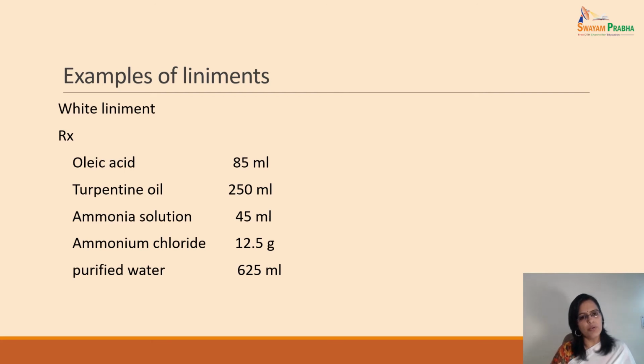Just have a look at one example of liniment. Oleic acid liniment, we call it white liniment. The ingredients are oleic acid, turpentine oil, ammonia solution, ammonium chloride, and purified water. So this is one formula for the liniment.